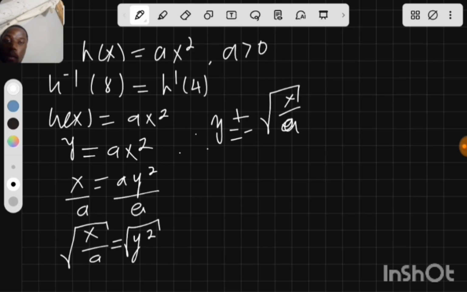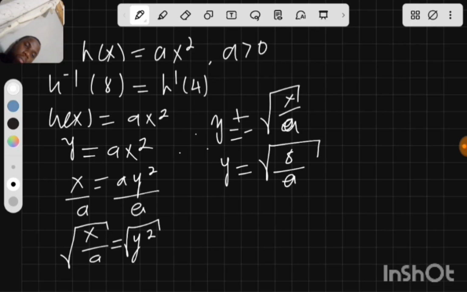But remember, they said the inverse of 8. So that means y is equal to the square root, where you see x, you substitute 8, divided by a. Hope you understand. This is the inverse.